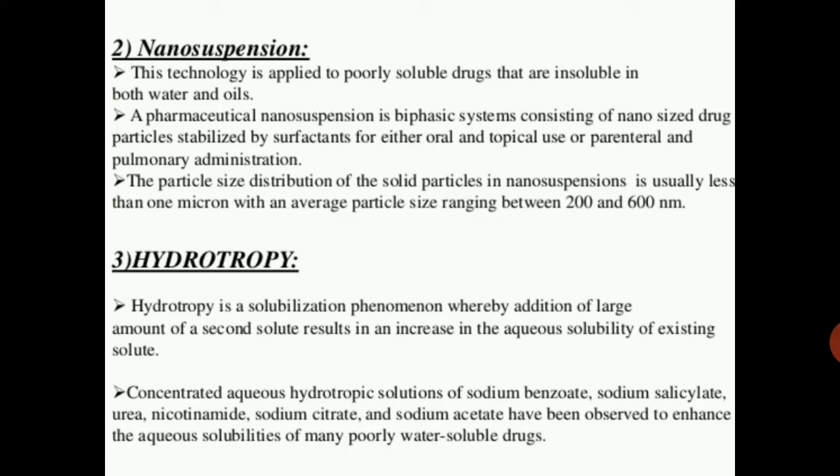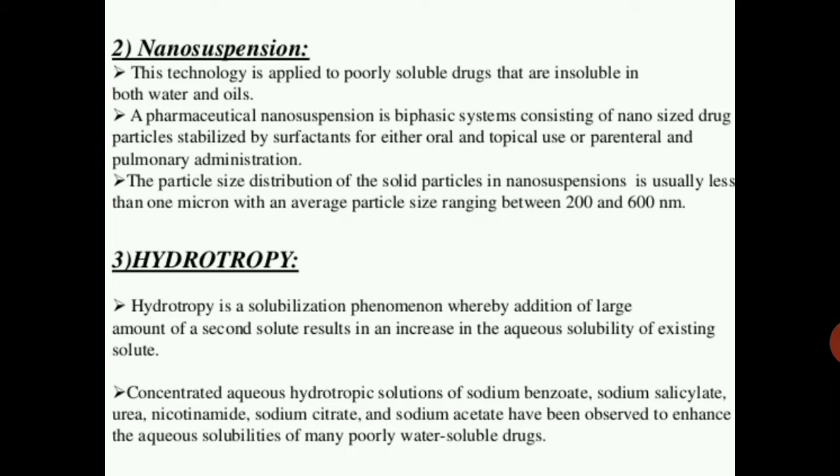A pharmaceutical nanosuspension is a biphasic system consisting of nano-sized drug particles stabilized by surfactant for either oral, topical, parenteral, or pulmonary administration.